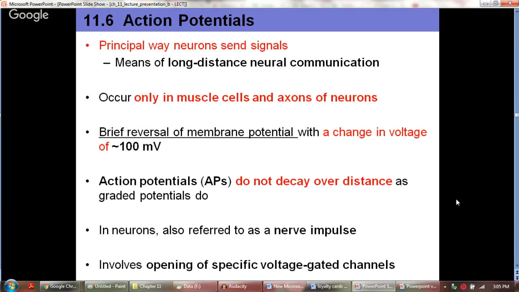Action potentials do not decay over distance as graded potentials do. That's the difference between a graded potential and an action potential. The action potential in neurons is referred to as a nerve impulse, and the action potential involves the opening of specific voltage-gated channels.